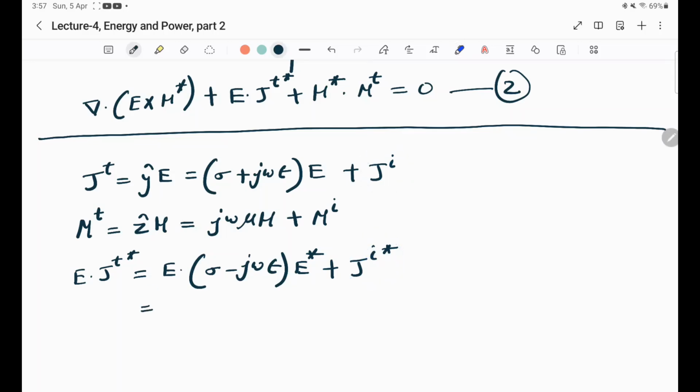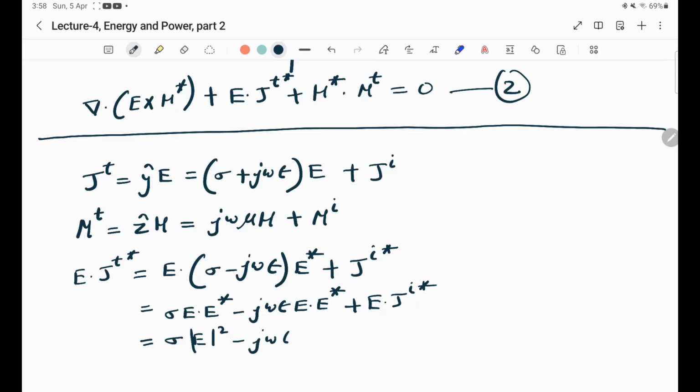Now if you simply multiply it, you will get sigma E into E conjugate minus j omega epsilon E dot E conjugate plus E dot Ji conjugate, which is nothing but sigma mod of E square minus j omega epsilon mod of E square plus E dot Ji conjugate.